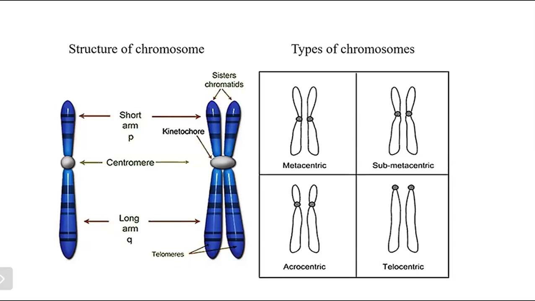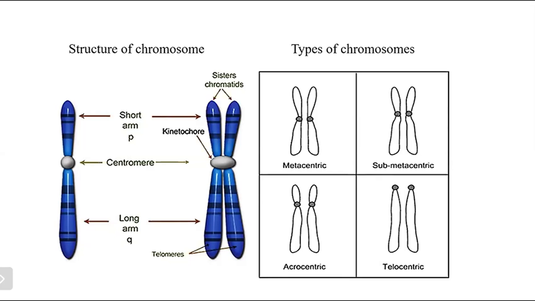Now you can see there are two arms, obviously, a short arm and a long arm. And in the right hand side diagram of the chromosome, the blue diagram, you can see the kinetochore. You must have heard this word kinetochore. This kinetochore is a complex of proteins which is formed during cell division, because during cell division, the spindle fibers should attach to the centromere.